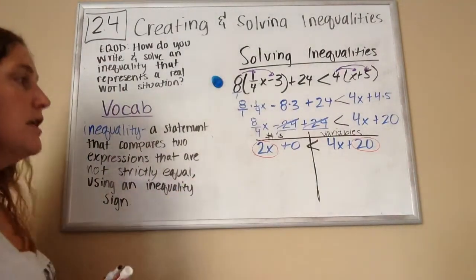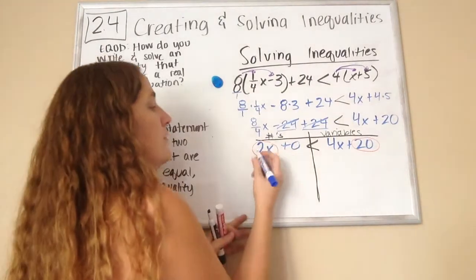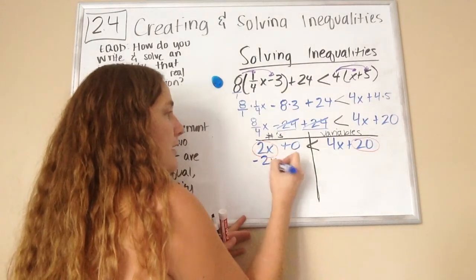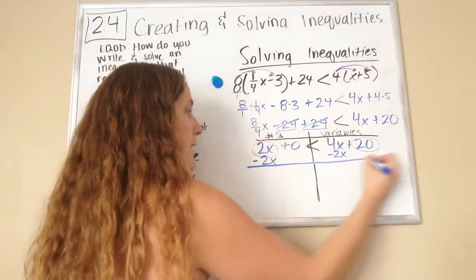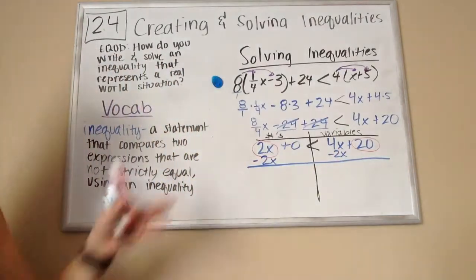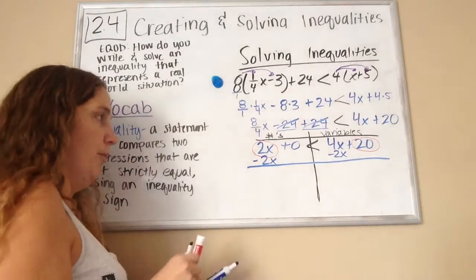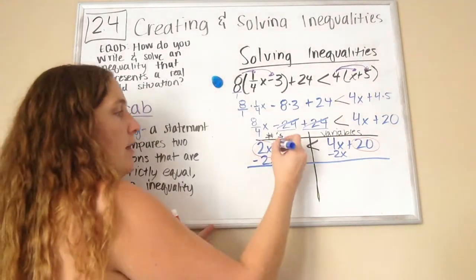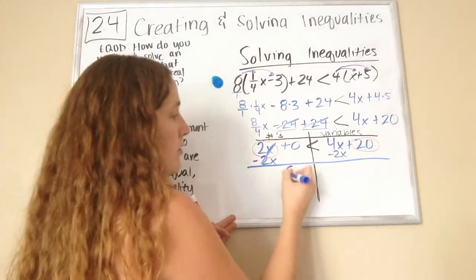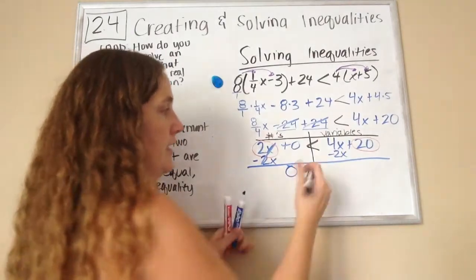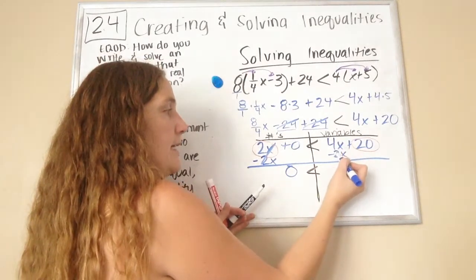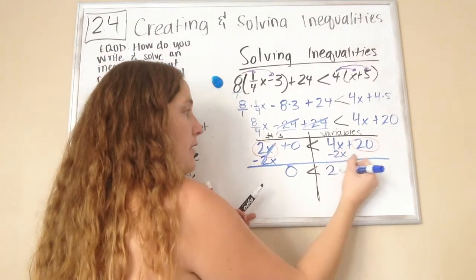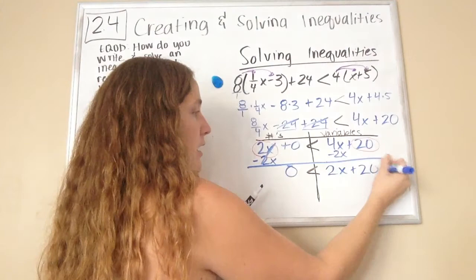So let's move the 2x first. Let's move the 2x by subtracting 2x on both sides. Because it's a positive 2x, we subtract it, and to get it to the other side, we've got to do it to both sides. This adds up to 0 is less than 4x minus 2x, we get 2x plus 20.